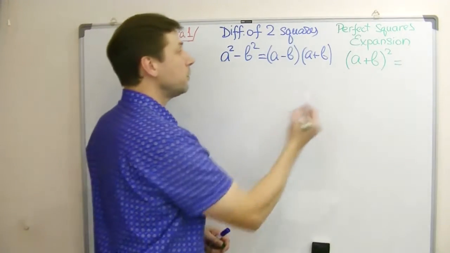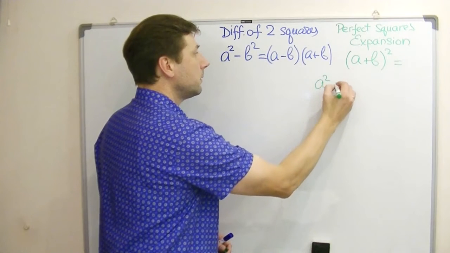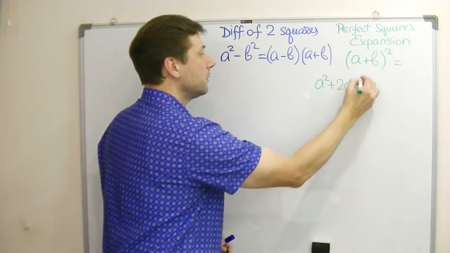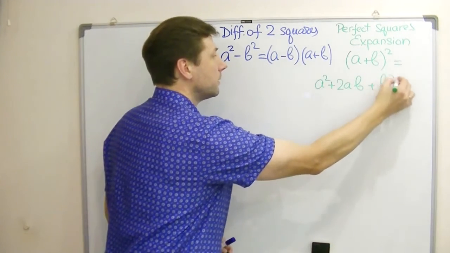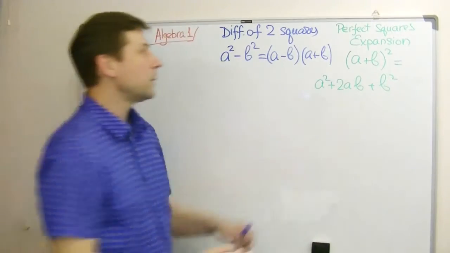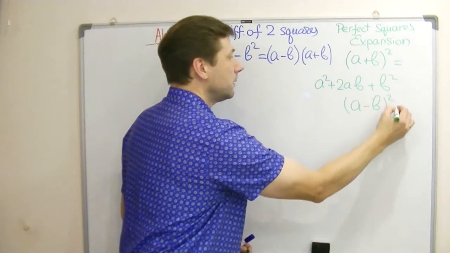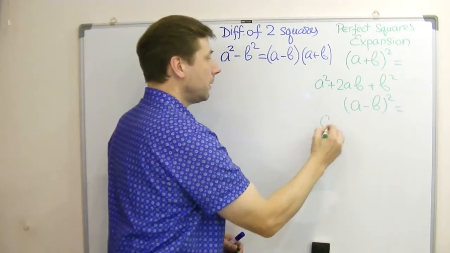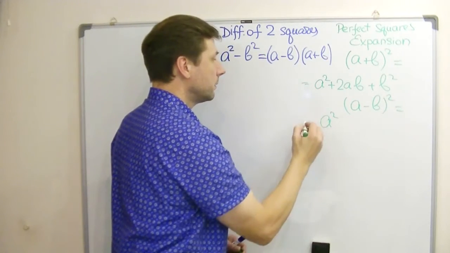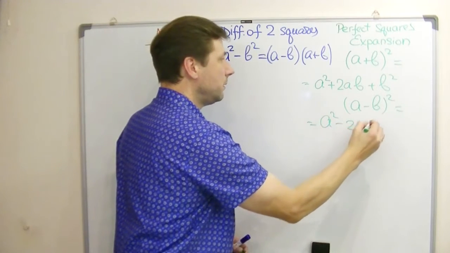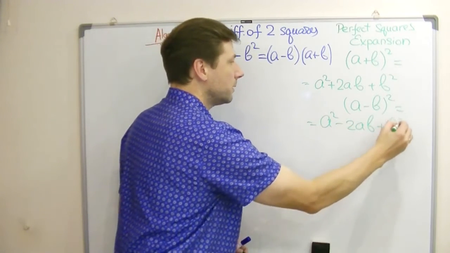And we have the formula: a squared plus 2ab plus b squared. Okay? And another one, a minus b squared equals a squared minus 2ab plus b squared.